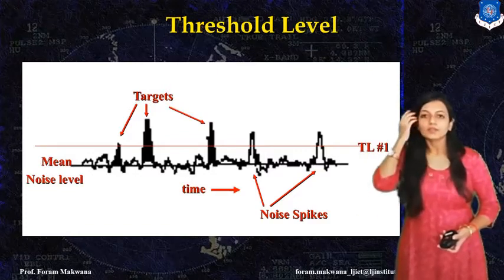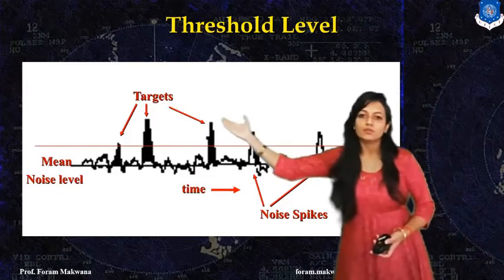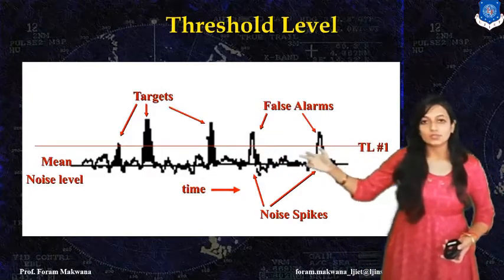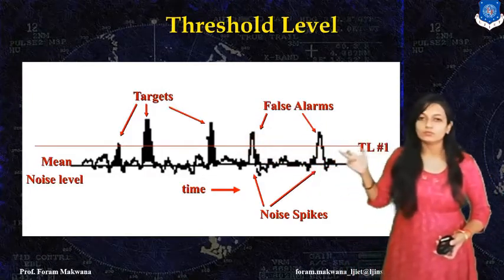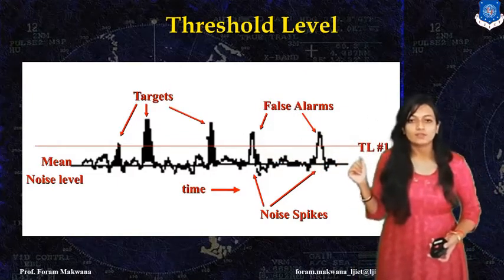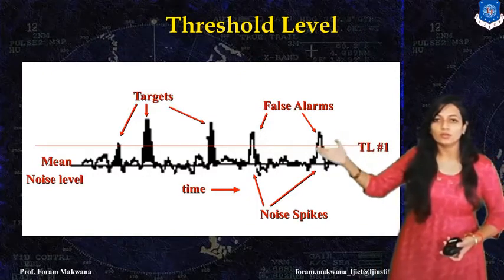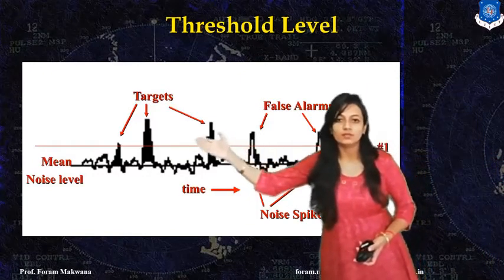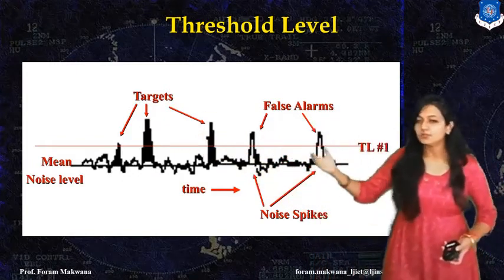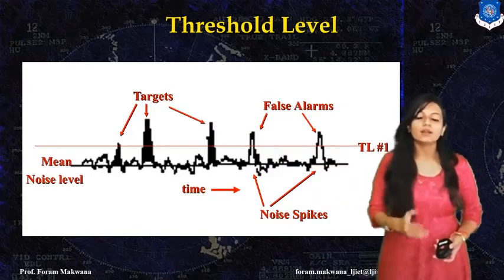Over here it is presented for 3 targets, but we can say that these two also have peak values, though they are not actually targets. So from this threshold, we can see a total of 5 targets, but these two are not actual targets. So we need to redefine the threshold value.